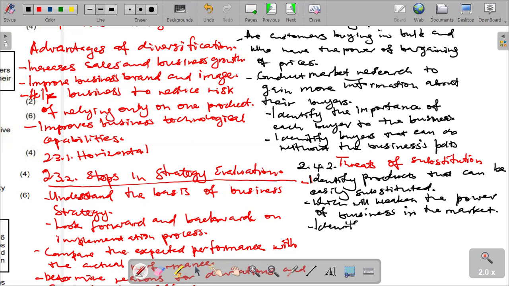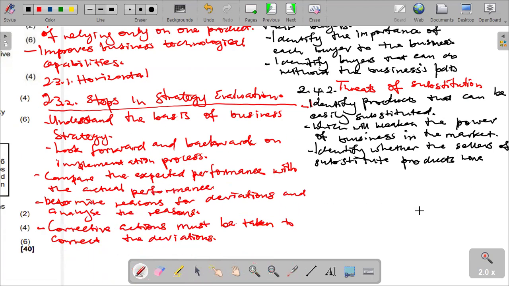Identify whether the sellers of substitute products have improved their products. That can also work there.